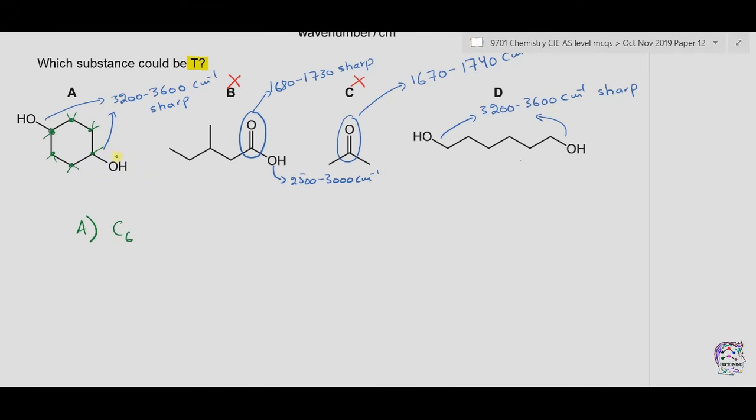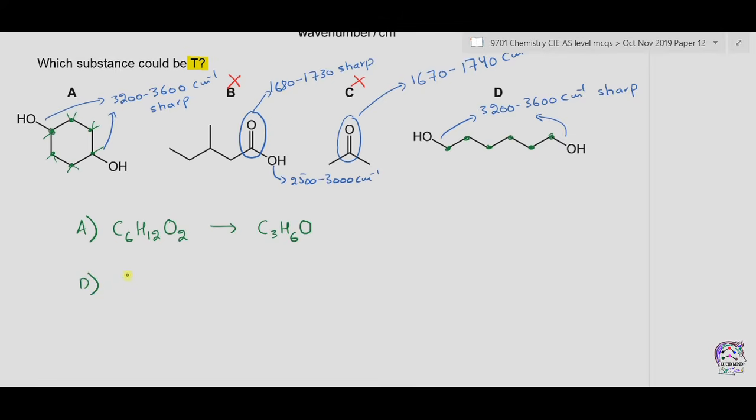So in total there are 12 hydrogen atoms and only 2 oxygen atoms. So the empirical formula of A will be C3H6O.